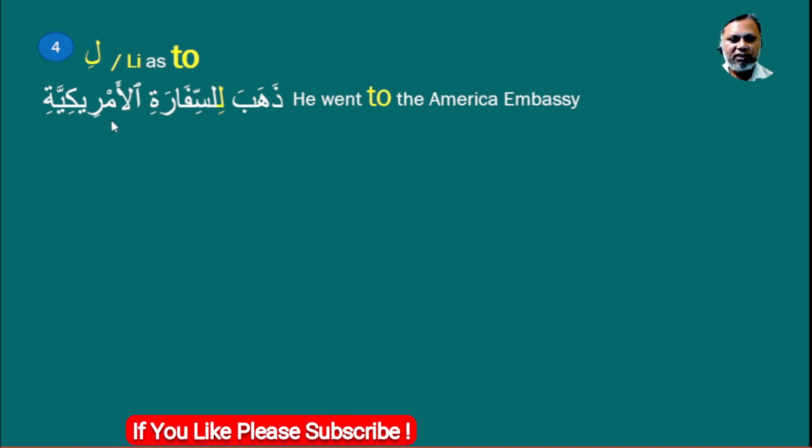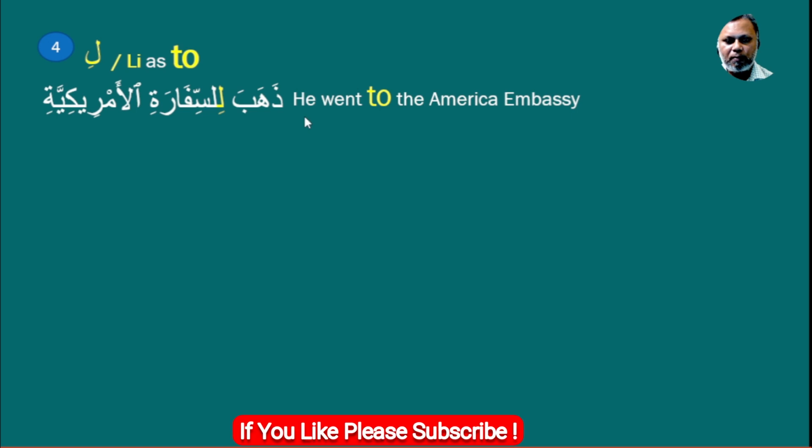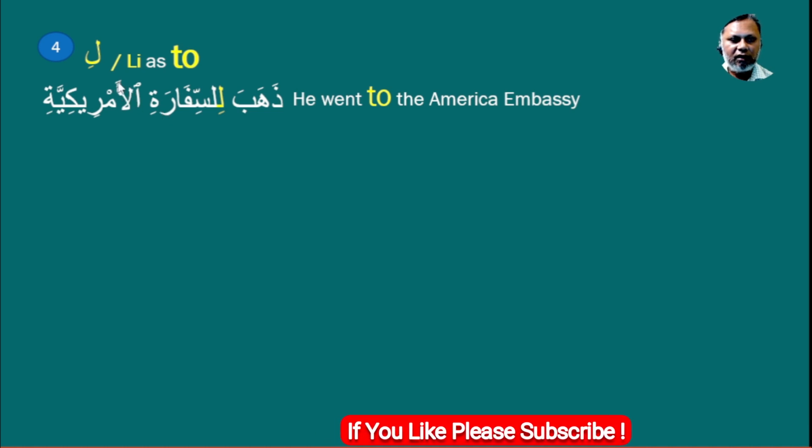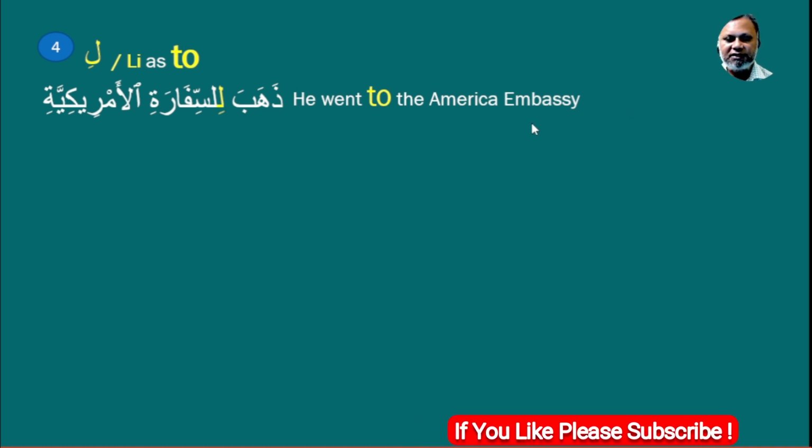Al America means America. Here the li is indicating to. Zahaba lis sifarati, he went to the embassy. Al Amerikiyati, of the American embassy. So this way the li can be used to indicate to.